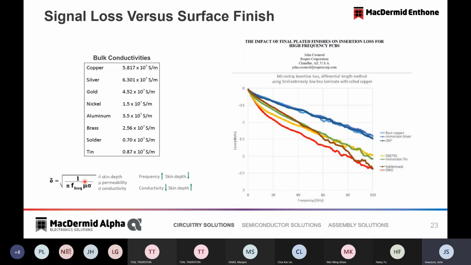Lower conductivity metals such as tin and nickel will not perform as well. Now, this doesn't apply to many applications. This is a niche subject, but it is something that has driven some use of silver in our industry in the last few years.